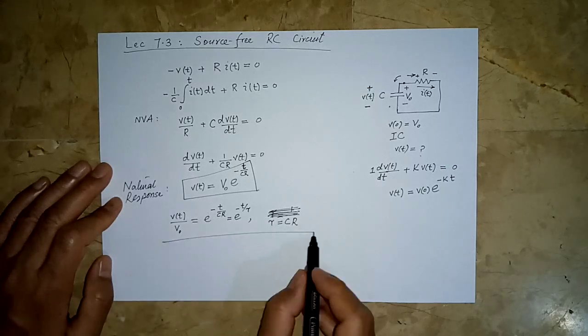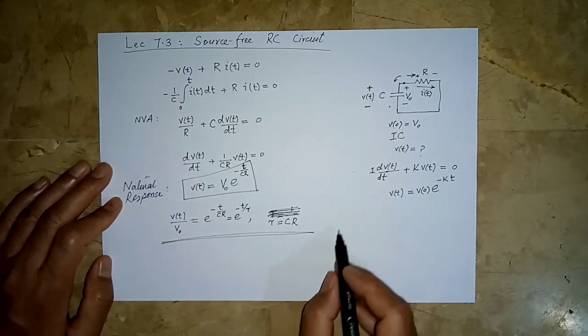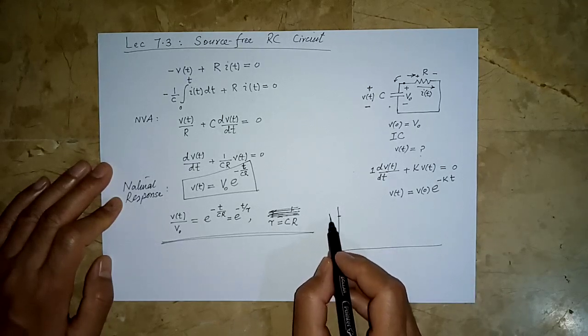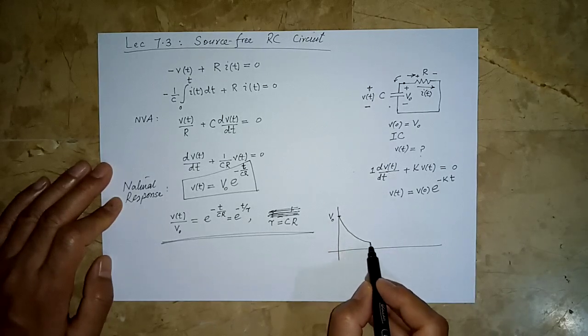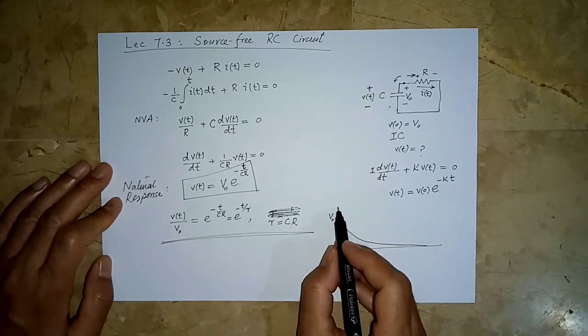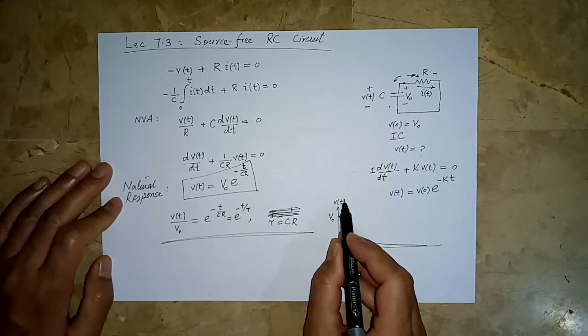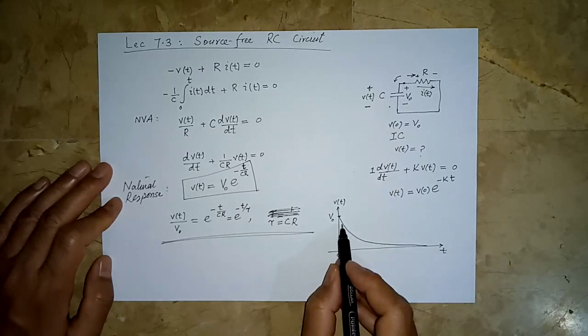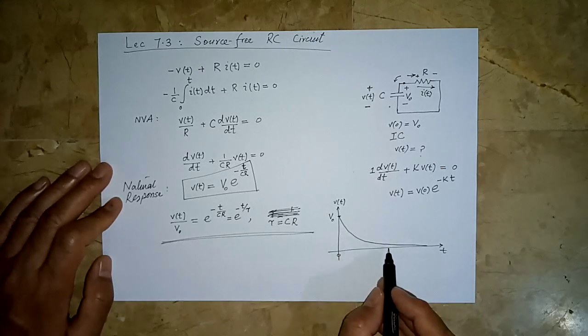So this is the important result that we were looking for, and the capacitor is also going to release energy and the voltage across the capacitor is going to decrease exponentially.